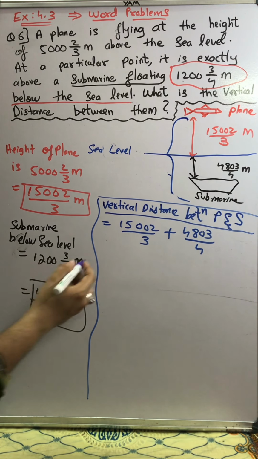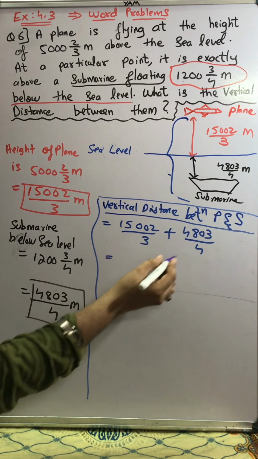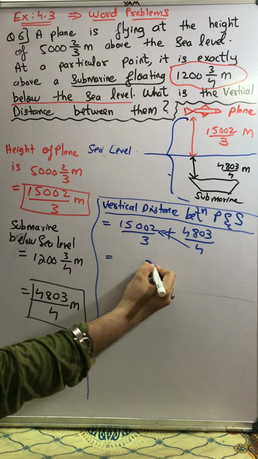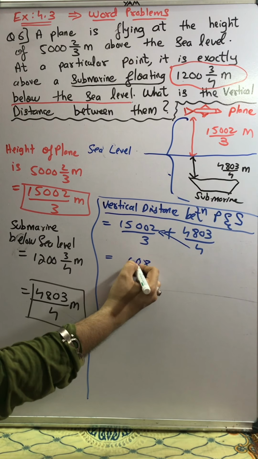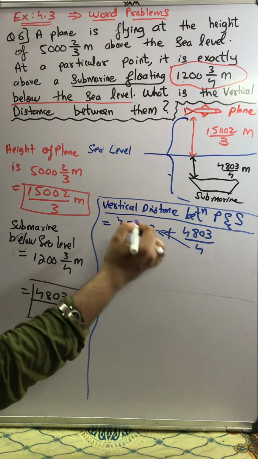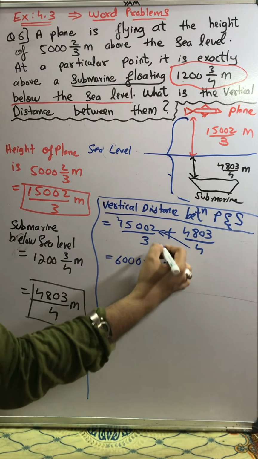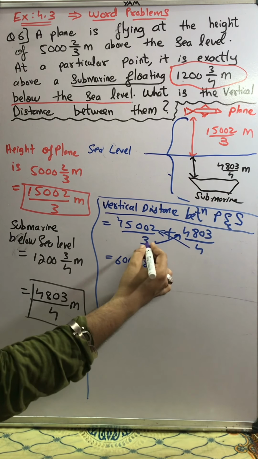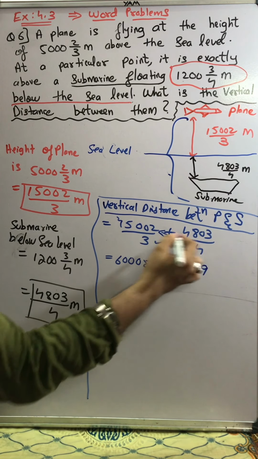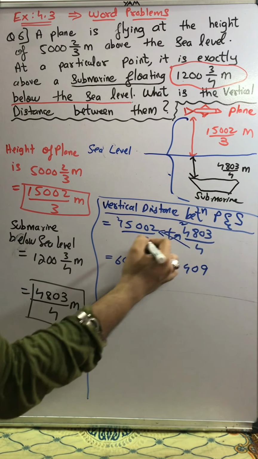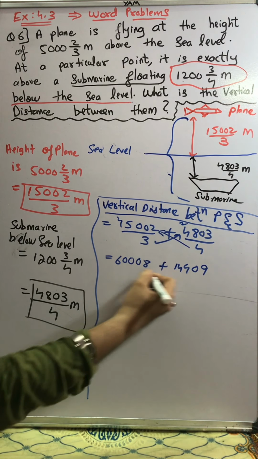What I will do first, 4 will be multiplied with this. 4 2s are 8, 4 zeros are 0, 4 zeros are 0, 4 5s are 20, carry 2, 4 1s are 4, 6 is 6. It becomes 60,008 plus, now this 3 will be multiplied with this. 3 3s are 9, 3 zeros are 0, 3 8s are 24, carry 2, 3 4s are 12, 14.